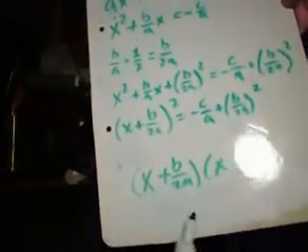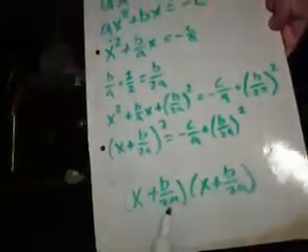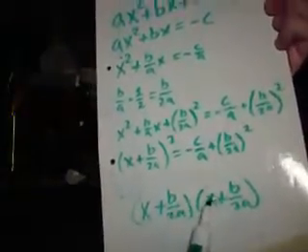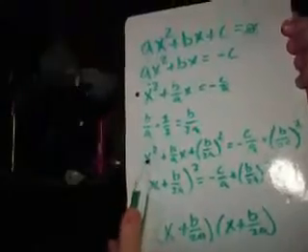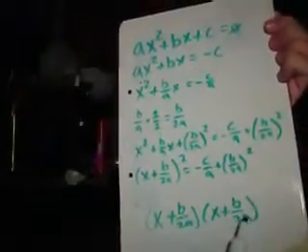And what that means is that if you were to multiply this out, and I showed you this in a previous video, x times x gives you x squared. b over 2a plus b over 2a actually gives you 2b over 2a.